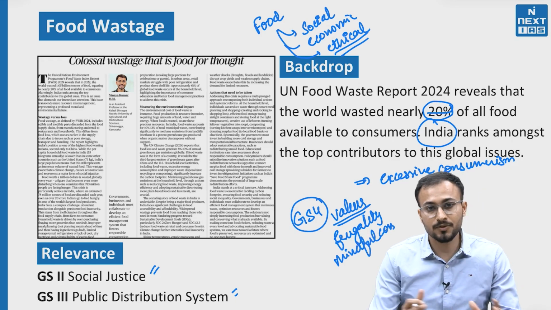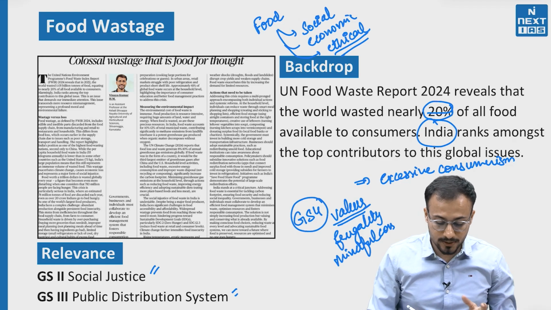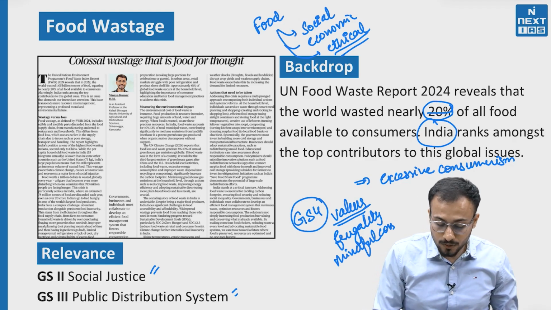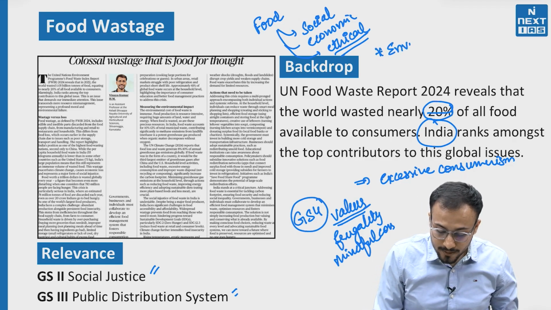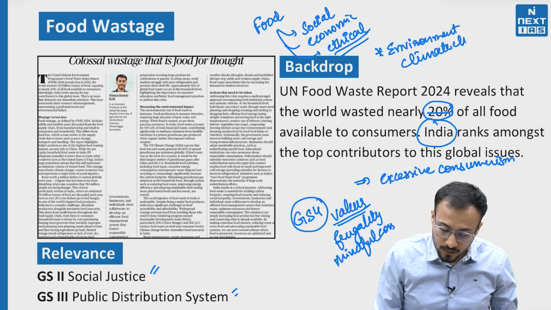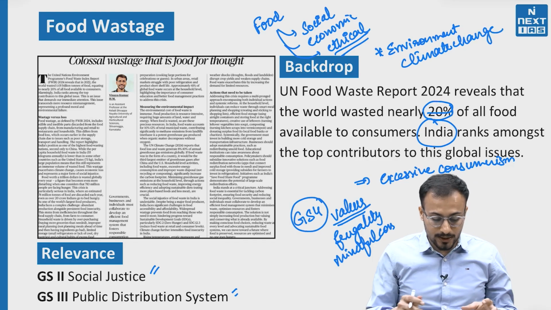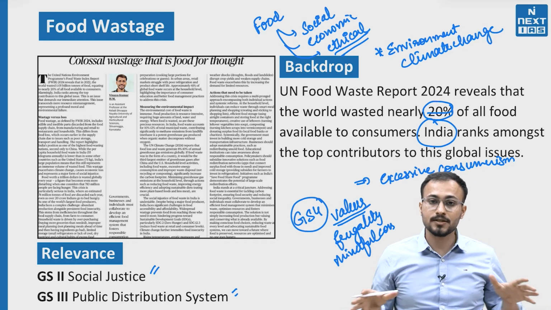And from the consumption perspective, one can also see that this issue of food wastage is also linked to environment and climate change. So this one issue is linked to various dimensions.